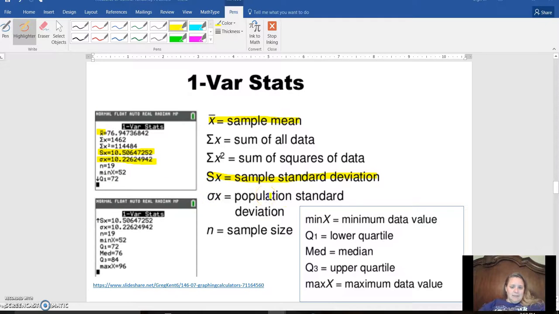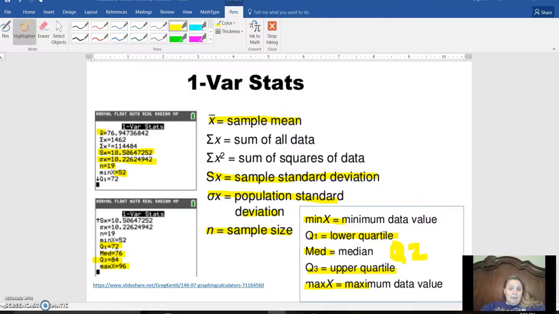Sigma x is the population standard deviation. n is the sample size, how many things are in there. Then you have your minimum value, min X. You have Q1, the lower quartile, we'll learn about that. Median, called Q2 also, is Med. Q3 is the upper quartile, we'll learn about that later, and then the max number.